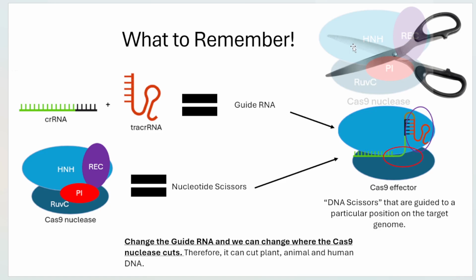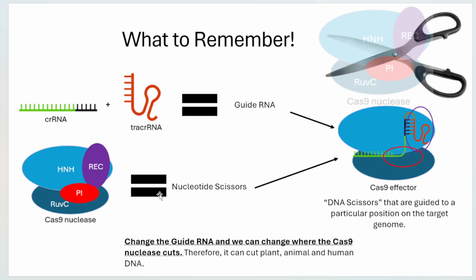You need the guide RNA to bring the scissors to a particular part of the genome to be able to cut. Otherwise, there's a section called the PAM domain, or the PAM-interacting domain, the PI domain, which will, depending on the Cas system, have a unique sequence such as NGG, which is for SpCas9, the super famous one that we'll talk about later.